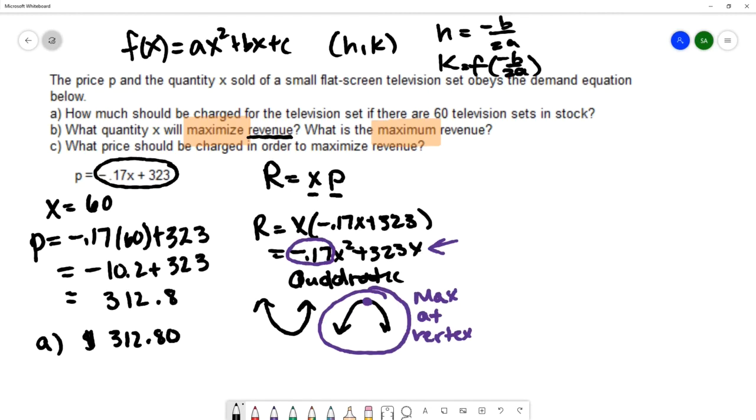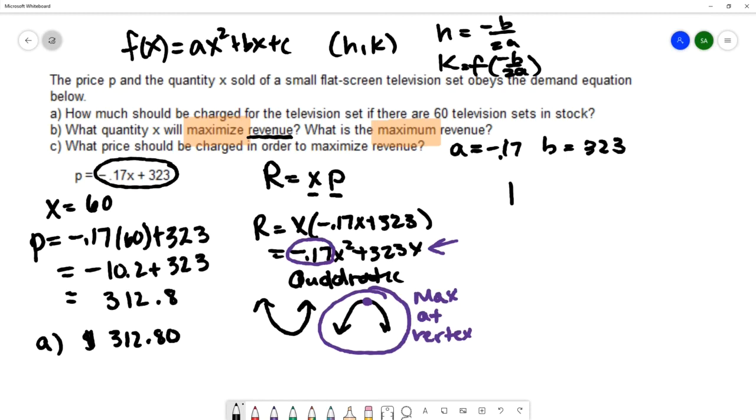So that's how we're going to get the vertex. In our function, we have a equaling negative 0.17 and b equaling 323.